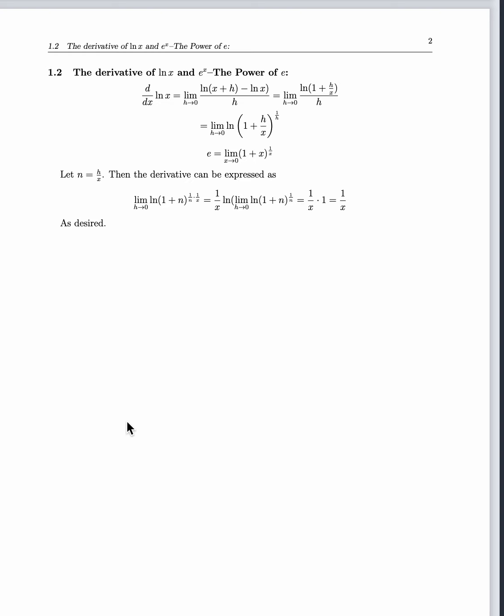After you plug in values, you can see that the derivative of e to the x power is basically just e to the x power itself. So now let's continue with our next topic.